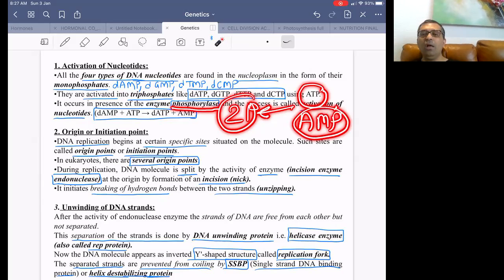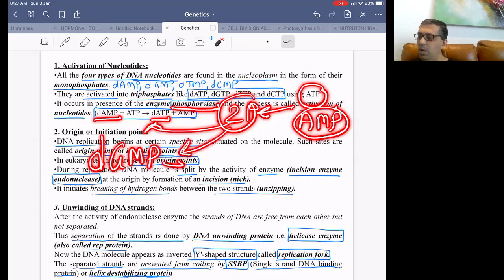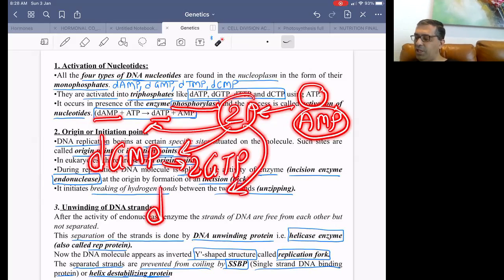Who will do it, sir? The enzyme called phosphorylase. And what will deoxyadenosine monophosphate plus two phosphates become? Deoxyadenosine triphosphate. What will deoxyguanosine monophosphate plus two phosphates form? Deoxyguanosine triphosphate. What will deoxythymidine monophosphate with two phosphates form?